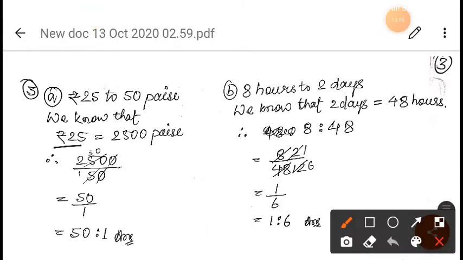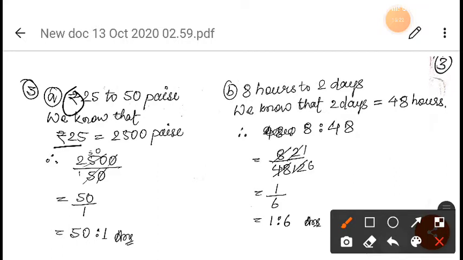Always remember that you have to make the unit the same, then only you can find the ratio. If you are not making the unit the same, then you cannot find the ratio. Here the unit is rupee and here it is paise. So we will convert this into the smaller one. Paisa is smaller, and rupee is bigger.